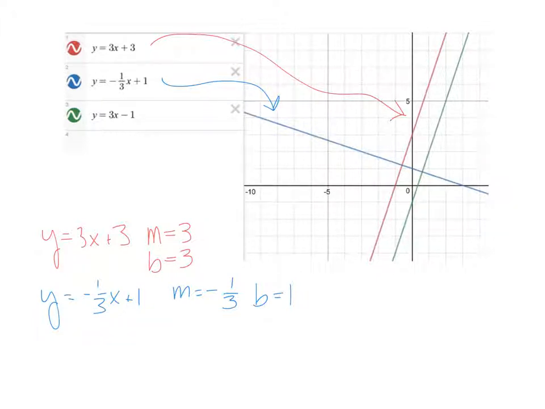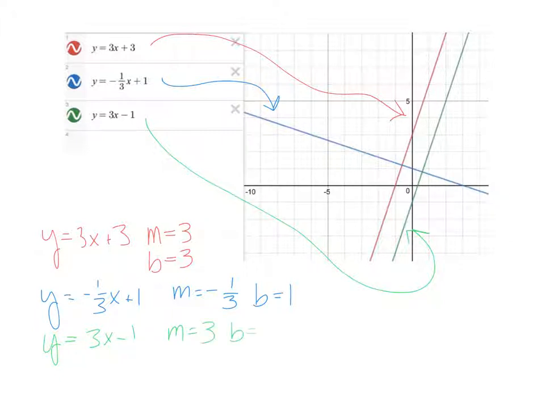Then I have a green line, y equals 3x minus 1. The slope is 3, and the y-intercept is negative 1. So I have two lines with the exact same slopes. Those are called parallel. Same slope, parallel. Opposite reciprocal slope is perpendicular.